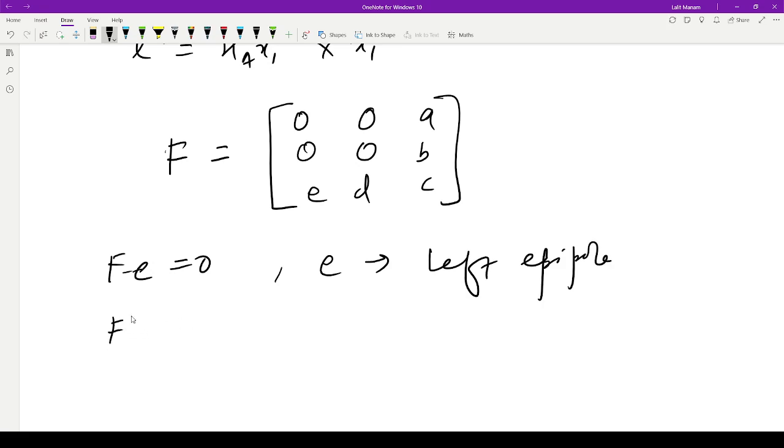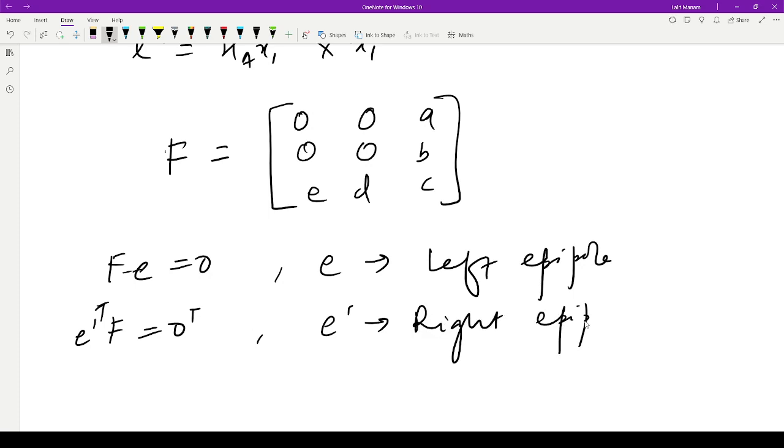And E prime transpose F is 0 transpose. Here the first 0 is a zero column vector, and this is a zero row vector. E prime is the right epipole. This is just a general definition of the epipole.